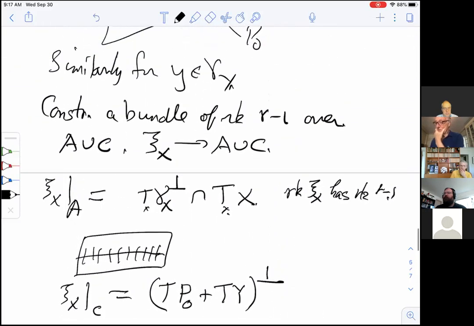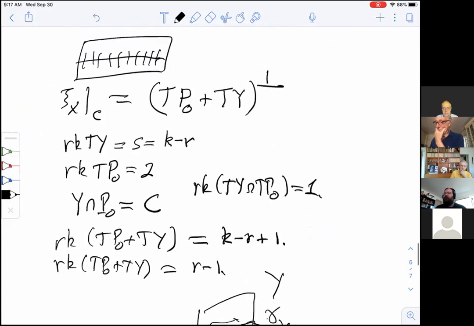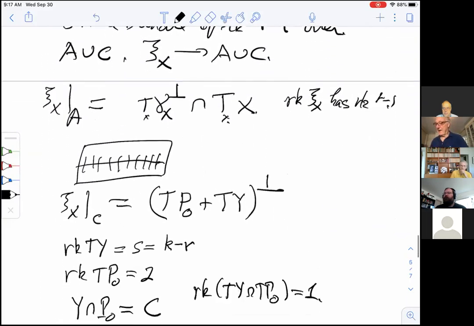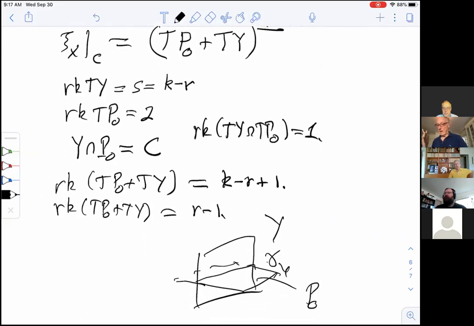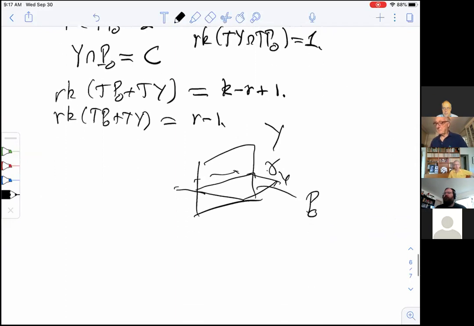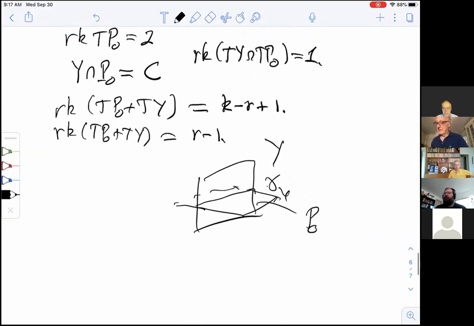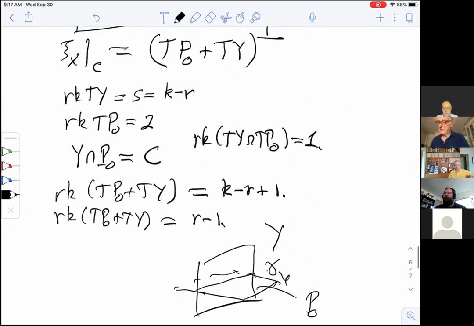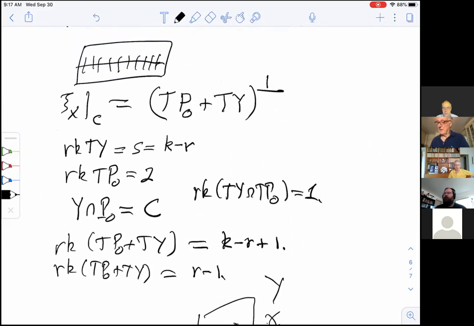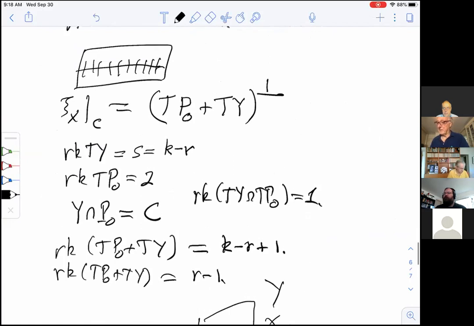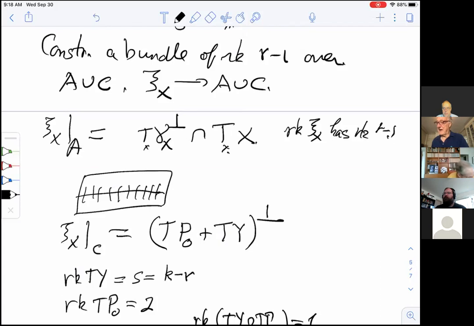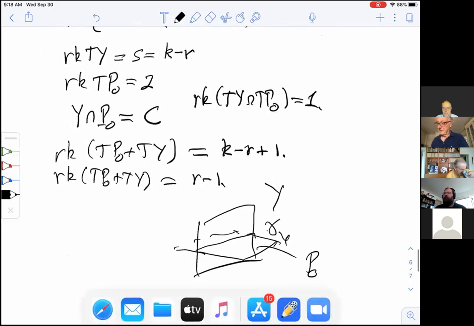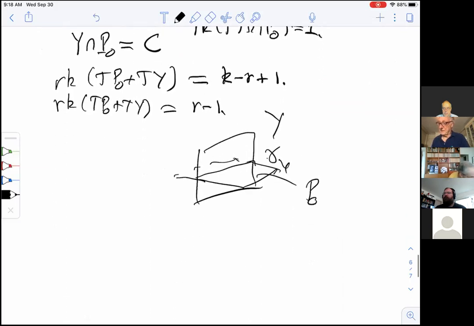If we've arranged our metric, which is easy to do, so that at A and B, X and Y are orthogonal, the tangents to X and Y are orthogonal, then you will see easily that these two definitions, the normal to Y and P naught, things normal to Y and P naught at either A and B, agree with things tangent to X and normal to gamma X. So these two fit together, these two definitions, these subbundles, they're both of rank R minus 1.